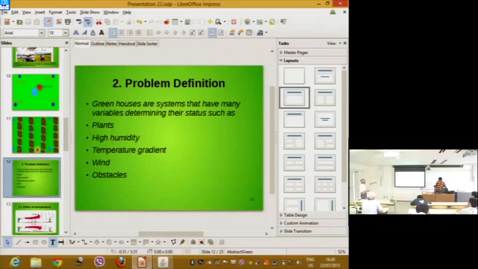This one? Yeah, these plants and humidity, also temperature. Wind also, like if you use a fan or something inside the greenhouse. They use some fans to reduce the temperature. The wind can become an obstacle.